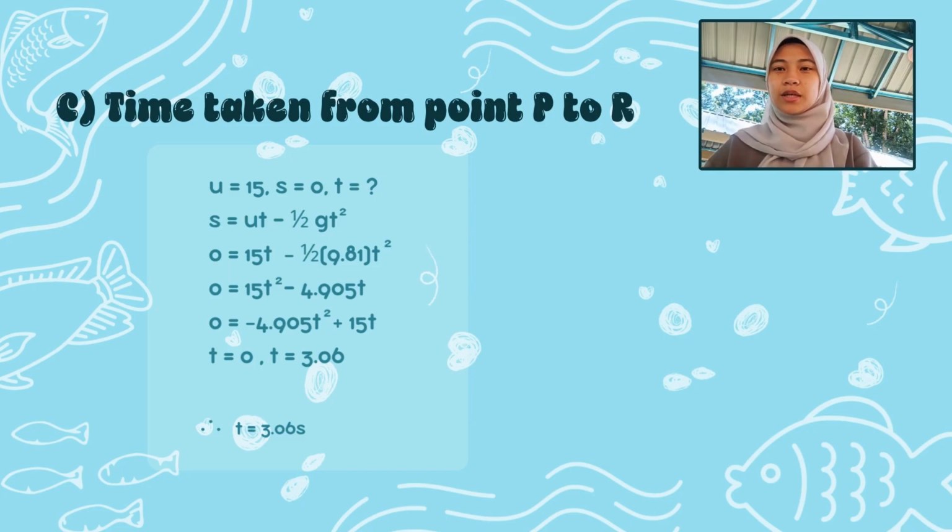Then, we will get 0 equal to 15t minus 4.905t power of 2. After rearranging the equation into standard quadratic form, it becomes 0 equal to negative 4.905t power of 2 plus 15t. By solving this equation, we get two values for t, which are t equal to 0 and t equal to 3.06. Lastly, since time cannot be 0 for the entire journey, the final answer for t we will get is 3.06 seconds.